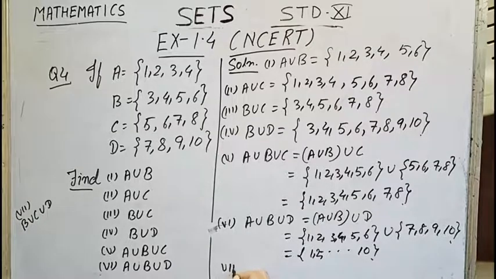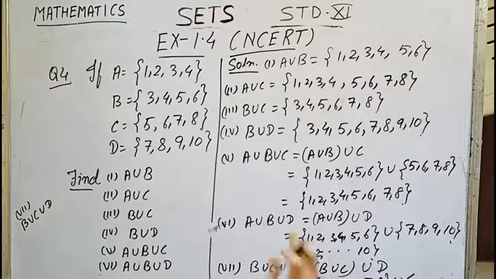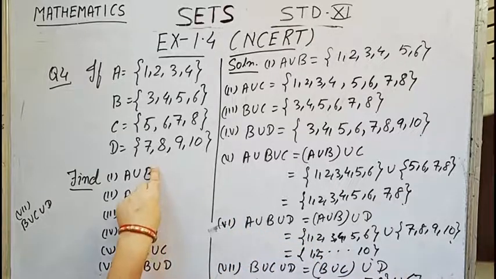Number 7 is B union C union D. B union C we have calculated, C union D we haven't calculated. So let me write it as B union C union D. So this will be equal to 3, 4, 5, 6, 7, 8 union D. D is 7 to 10.